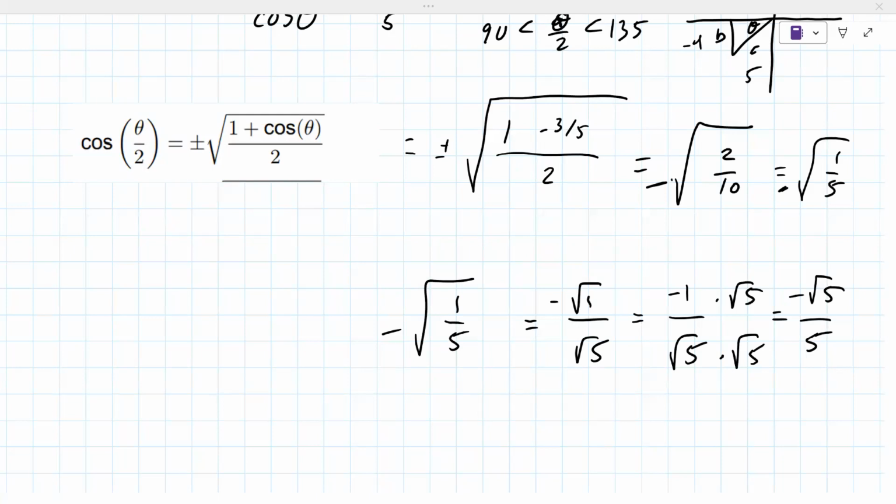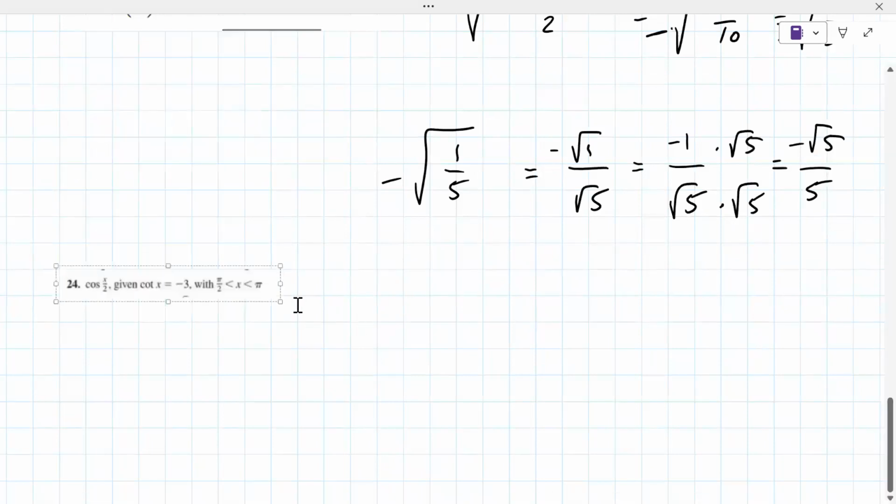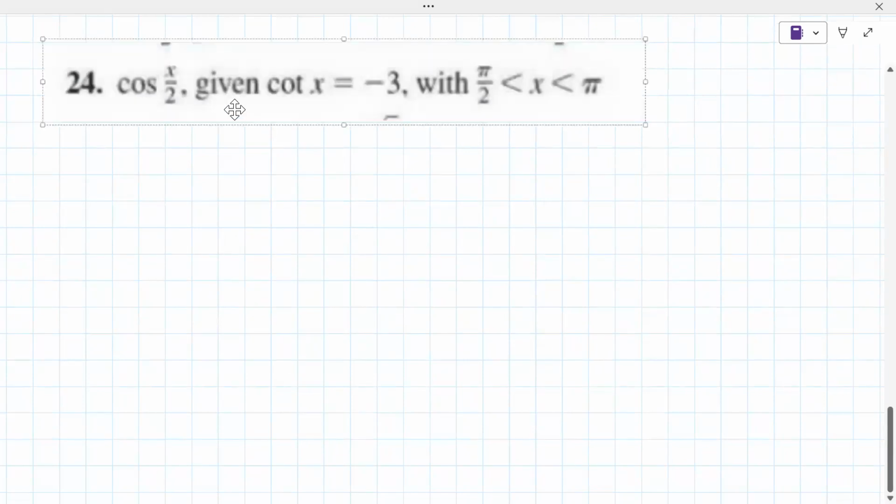24. All right. So which quadrant are you in for this one?